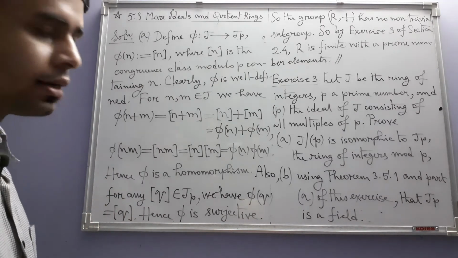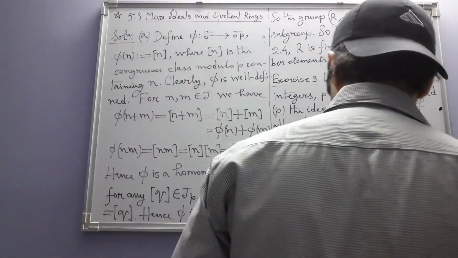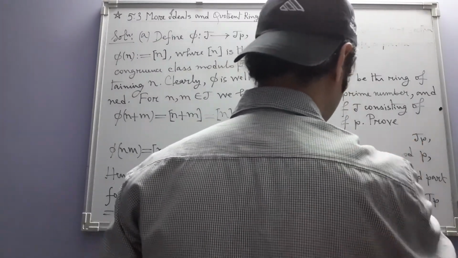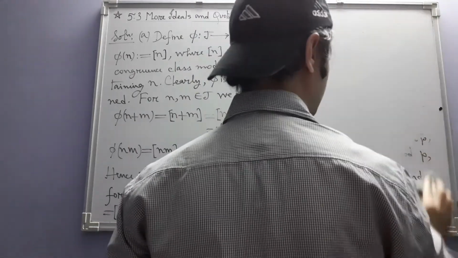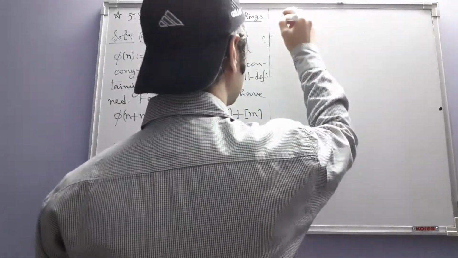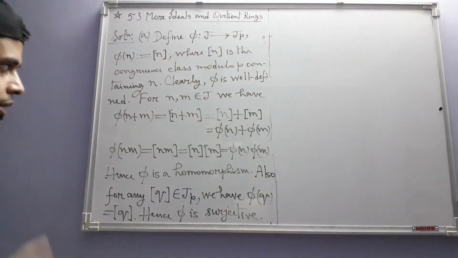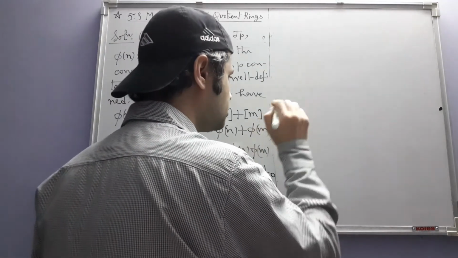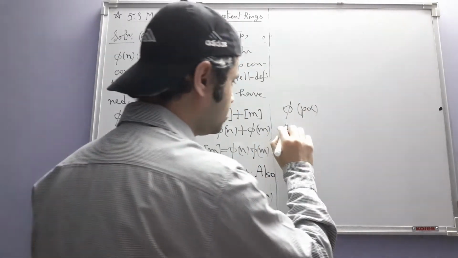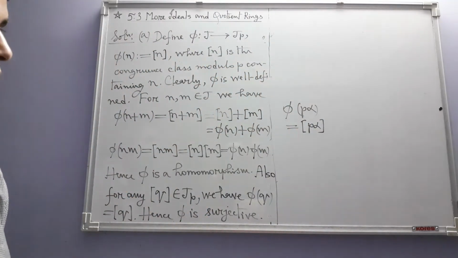Now next we find the kernel. Note that if I take a multiple of p, say p alpha, where alpha is any integer, then this is the congruence class modulo p containing p alpha.